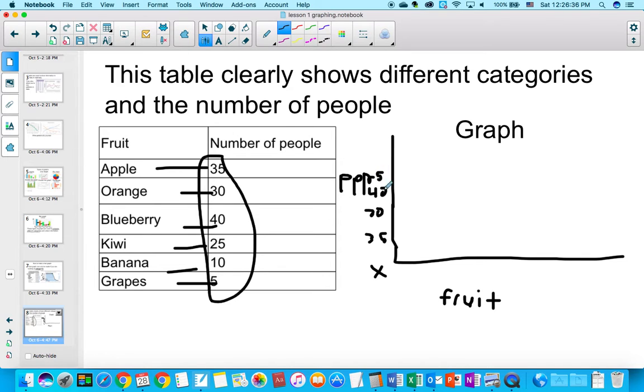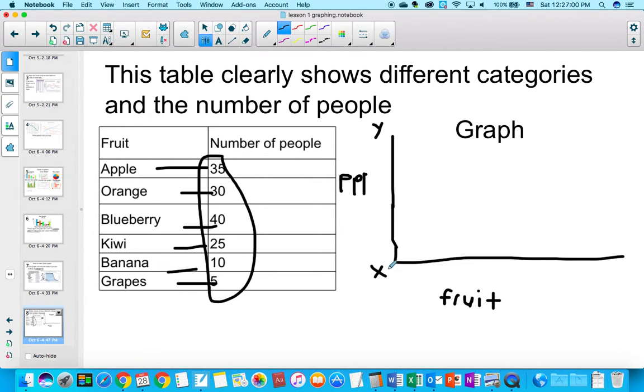The numbers on the y-axis need to go up a certain amount. This is an oddly common mistake where they'll just transfer the numbers over. You don't just copy the numbers into the y-axis. You need to have a pattern. You need to have a set of numbers.